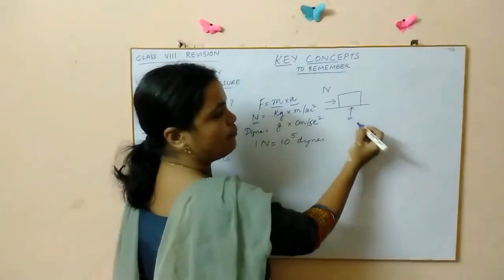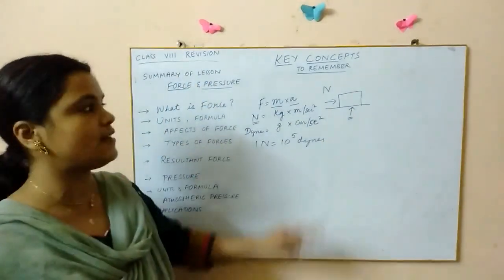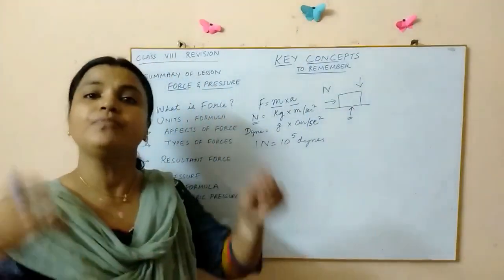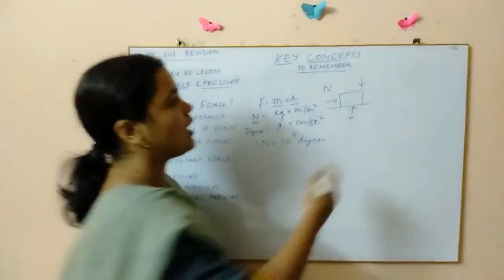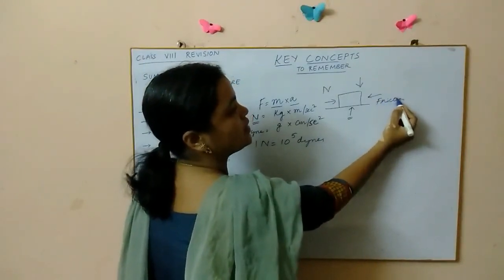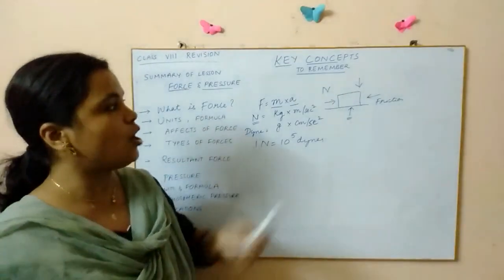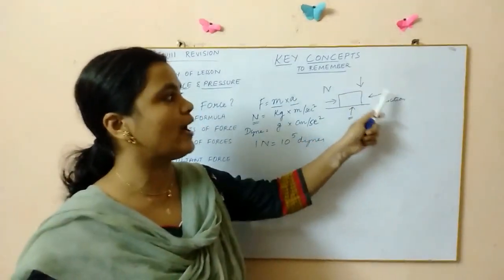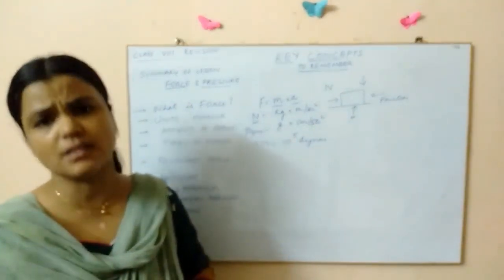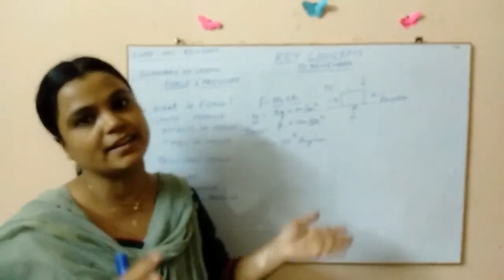There is an upward thrust that is exerted by the ground, and there is a downward thrust which the block itself exerts on the ground, and there is an opposite direction friction that is exerted because the two are in contact with each other. So in order to move this block, you have to overcome all these other forces. Whichever side the force is more, it will move in that direction only.